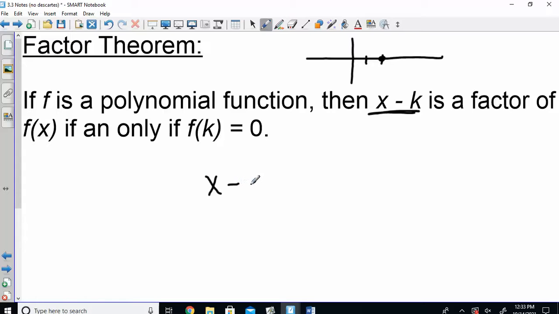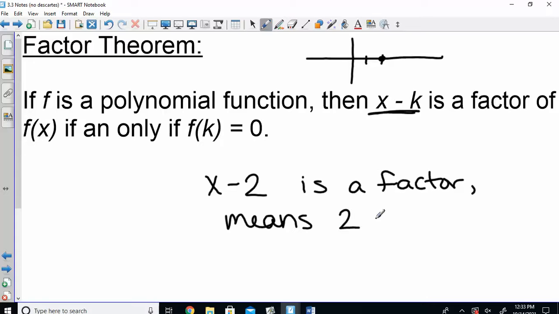So if x minus 2 is a factor, that means 2 is a zero, or an x-intercept. In other words, it divides evenly. There's no remainder when it divides.